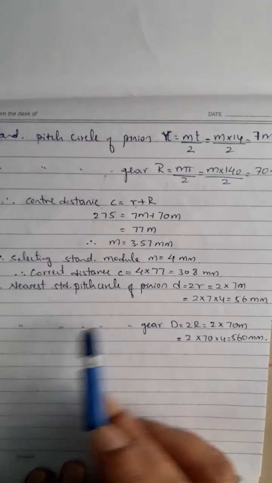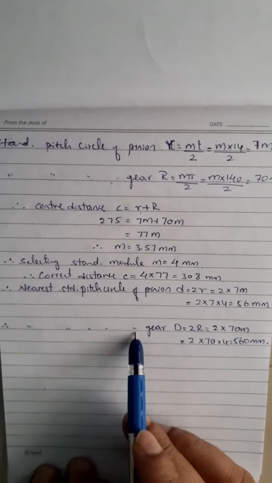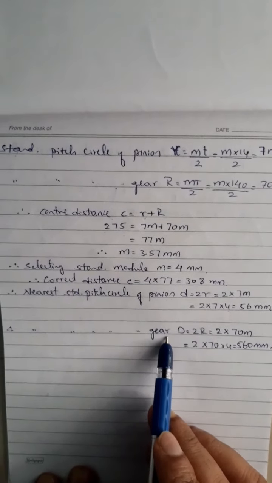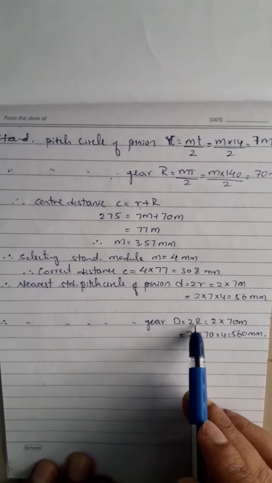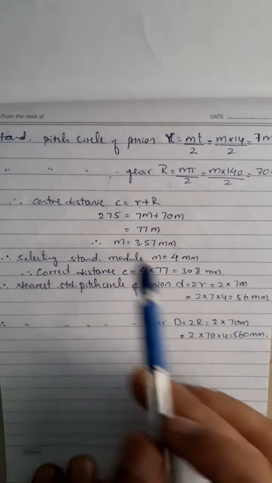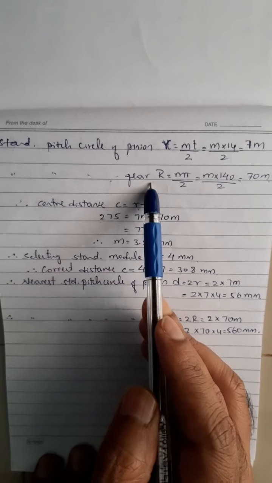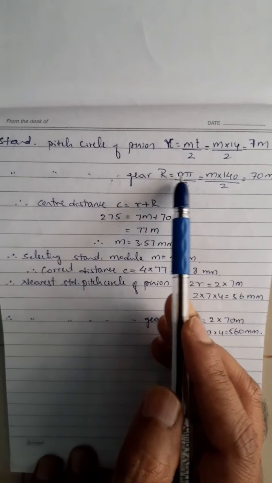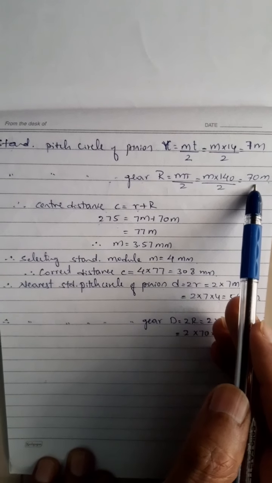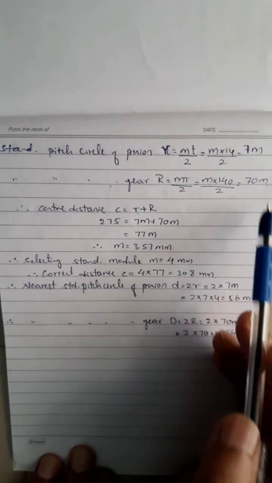Similarly, the nearest standard pitch circle diameter of the gear, capital D, is equal to 2 times capital R, where capital R is the standard pitch circle radius of the gear. Capital R is given by 70 times the module.